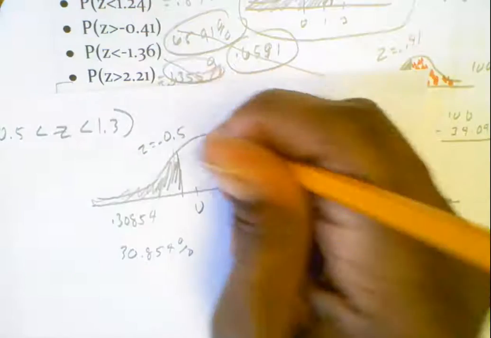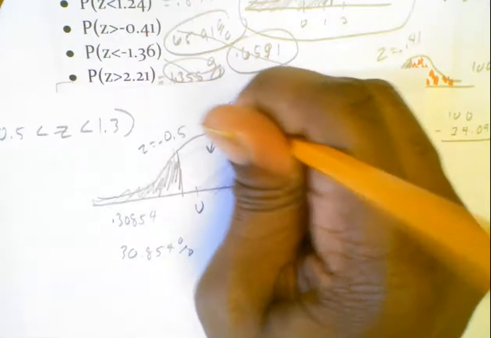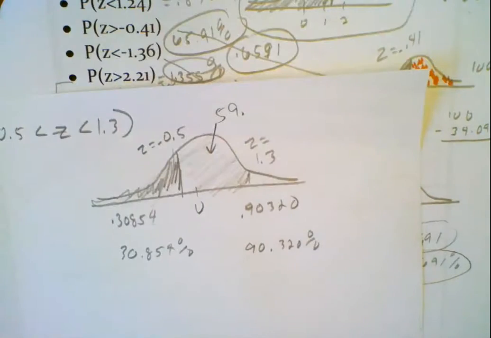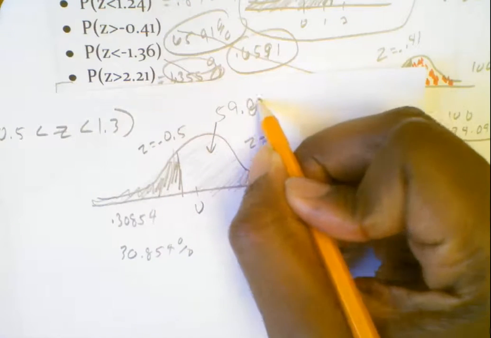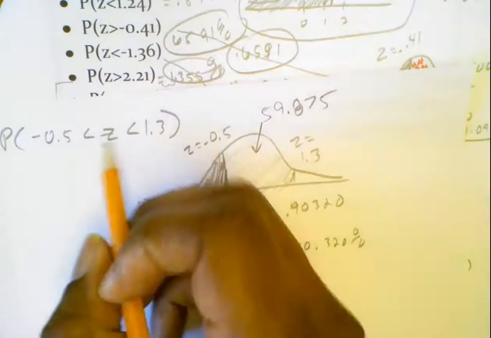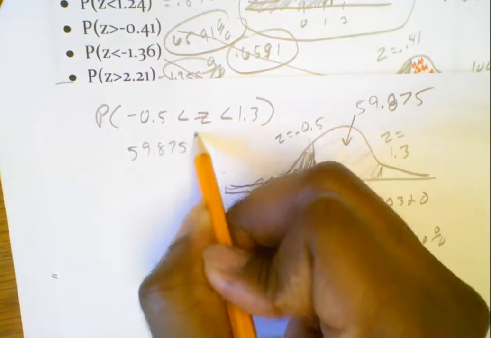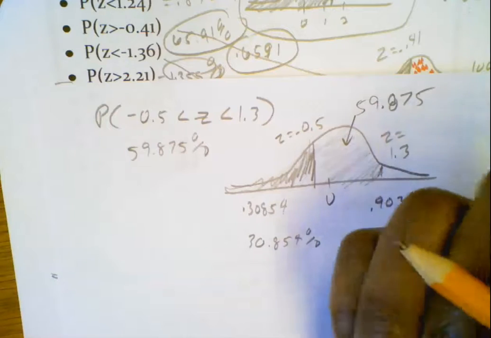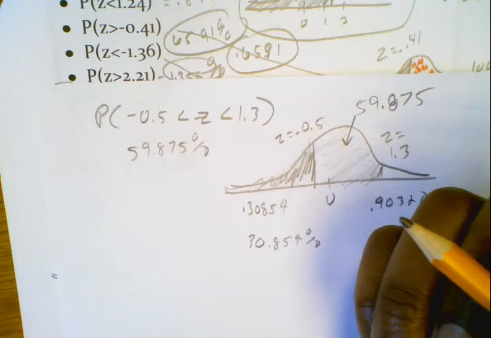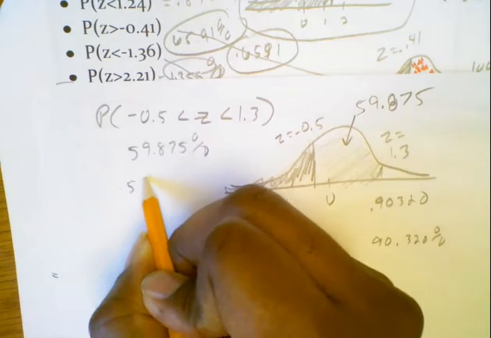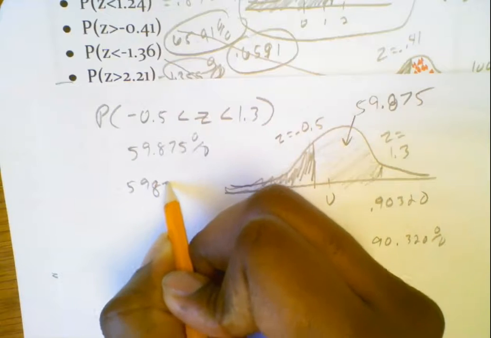So this space in between those is 59.875. I think it's 875. So that probability is 59.875% probability of getting a z-score in that area, or 0.59875.